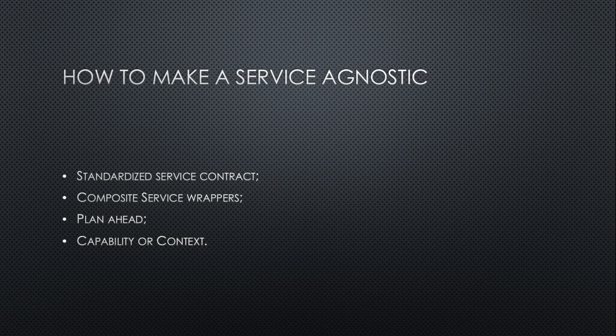Now, capability or context. You will hear people talk about something being capability agnostic and others being context agnostic. And it's a very subtle difference. A service is capability agnostic in that the caller of the service need not know how that capability was achieved. So it could be a tax calculation.